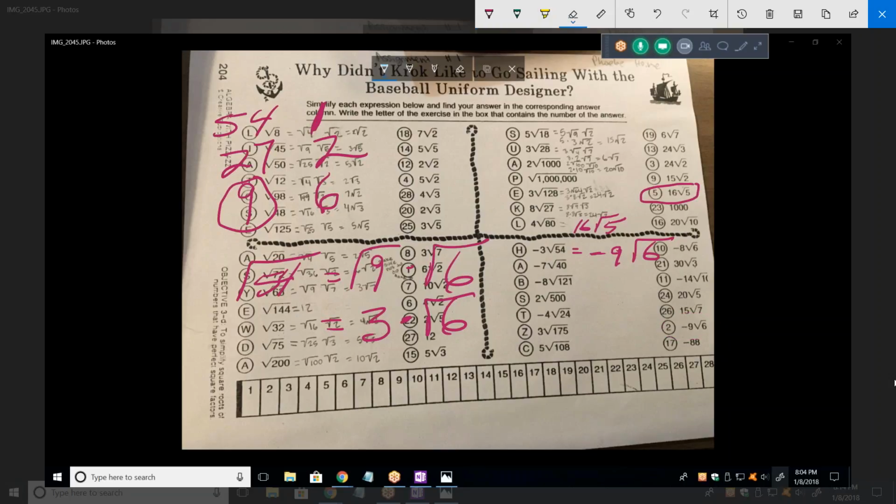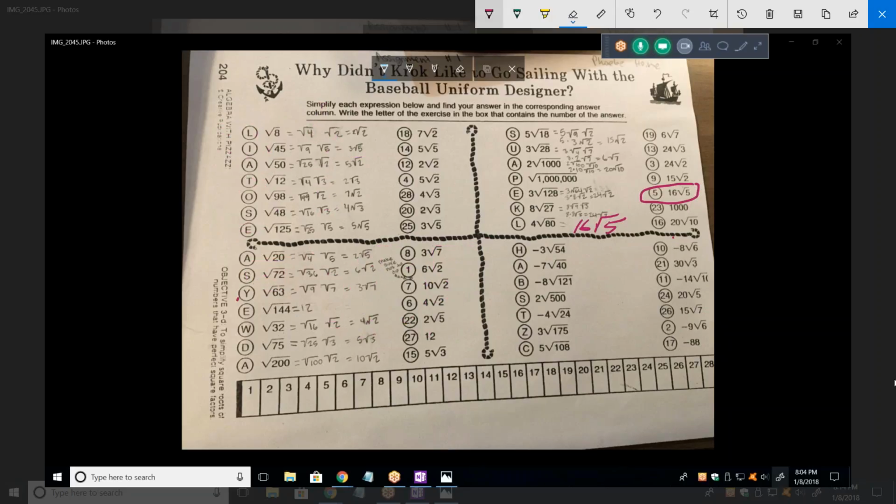Right. All right, let's just keep using that same technique. So the next one we really have to deal with is the square root of 40. So break that down. It'll be 20 times 2. Neither one of those is a perfect square. And then 10 times 4.